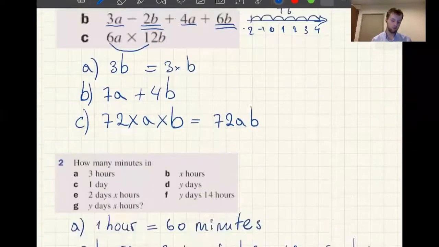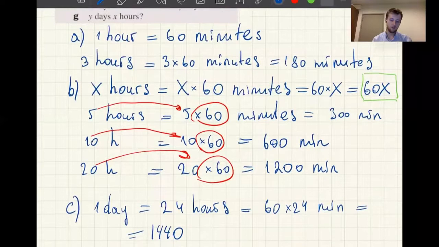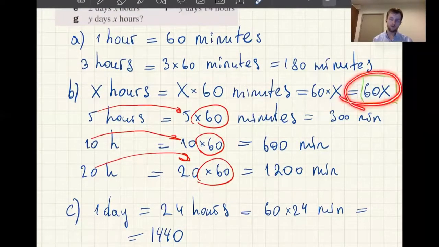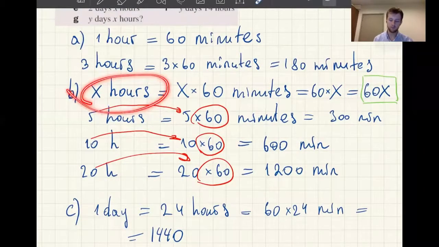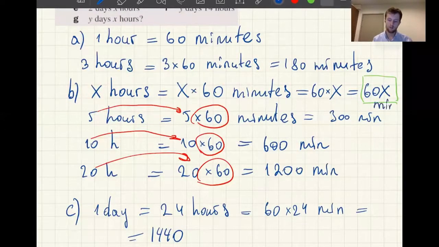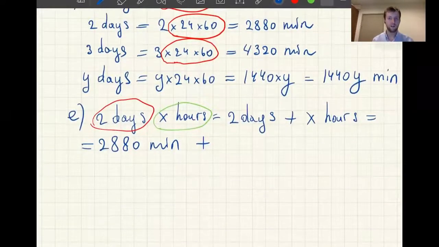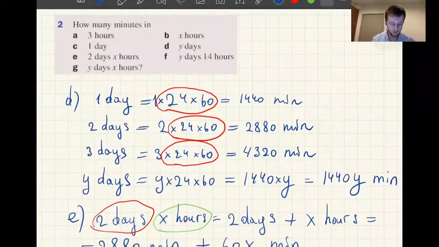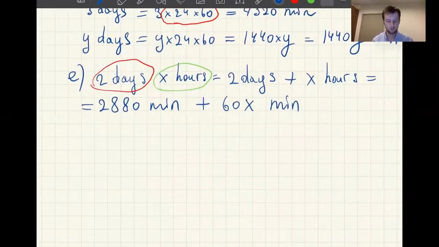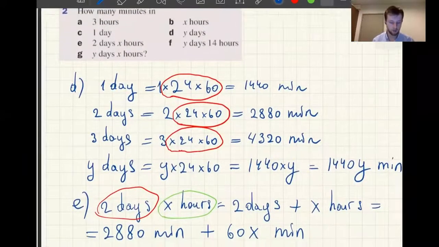Again, x hours is equal to 60x minutes. This is actually my mistake. I didn't write minutes in here because I couldn't fit it, but it should be there. It's necessary: 60x minutes. So 2,880 minutes plus 60x minutes. We have to convert everything to minutes. Sorry, I'm getting lost sometimes.